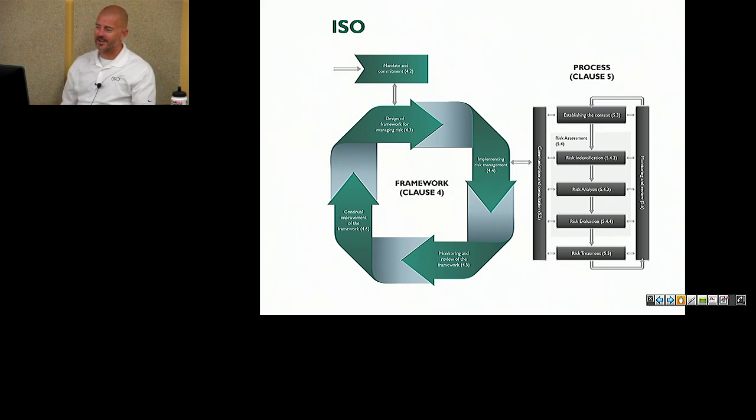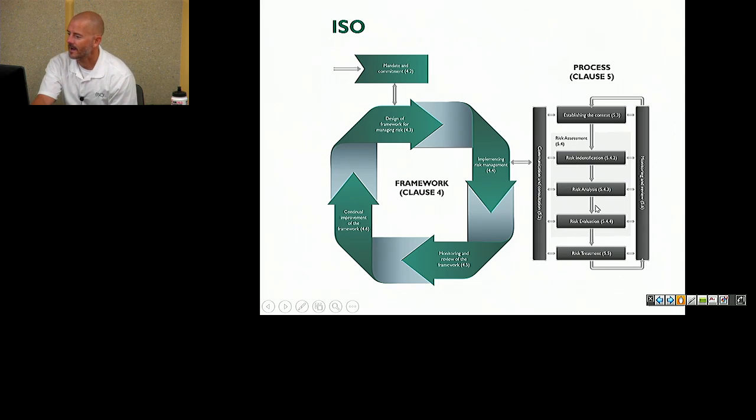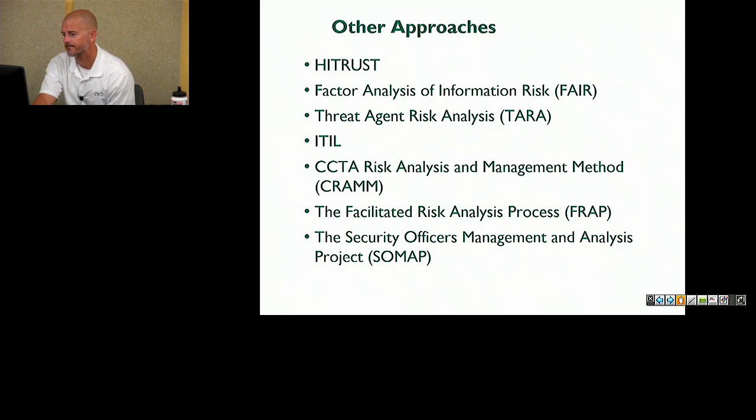Most private organizations kind of like that because it's not telling them explicitly, and they don't feel constrained by it. Whereas NIST is a government document. You're going to do this. There's no question. You will do it. So they don't mind being very directive, very specific on those tasks. ISO is more implied. But they're the same. They are literally the same process.